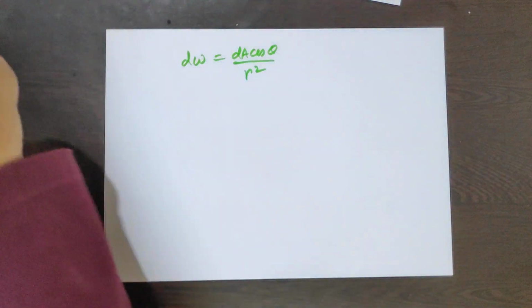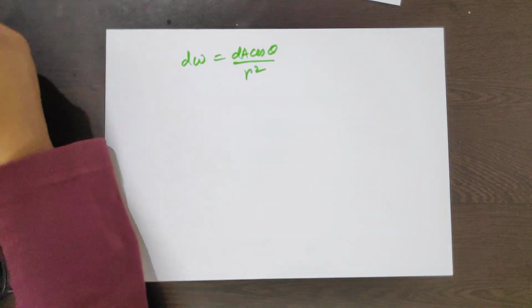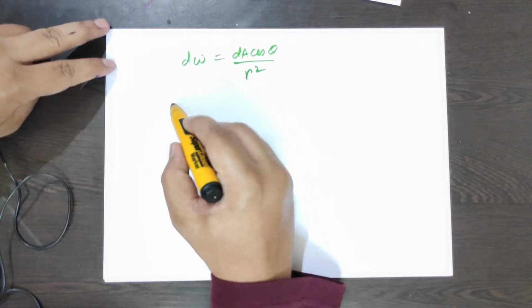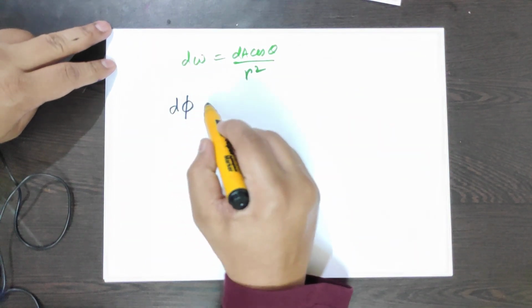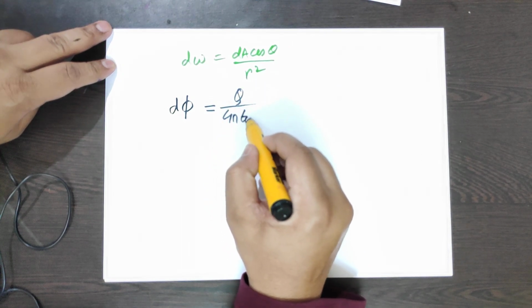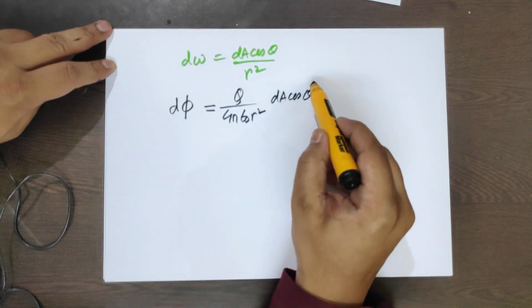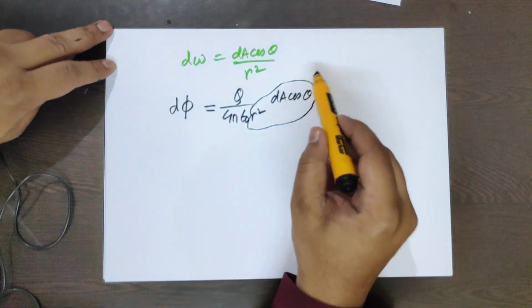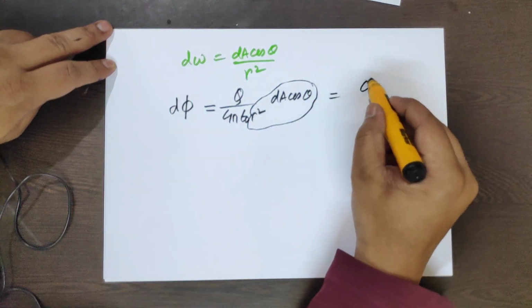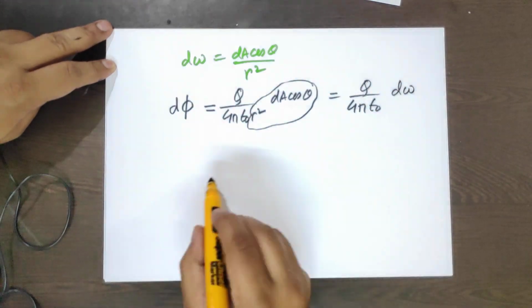So you can rewrite this d phi. It was q by 4 pi epsilon naught r square into dA cos theta. Now this dA cos theta by r square is d omega, so d phi is q by 4 pi epsilon naught d omega.